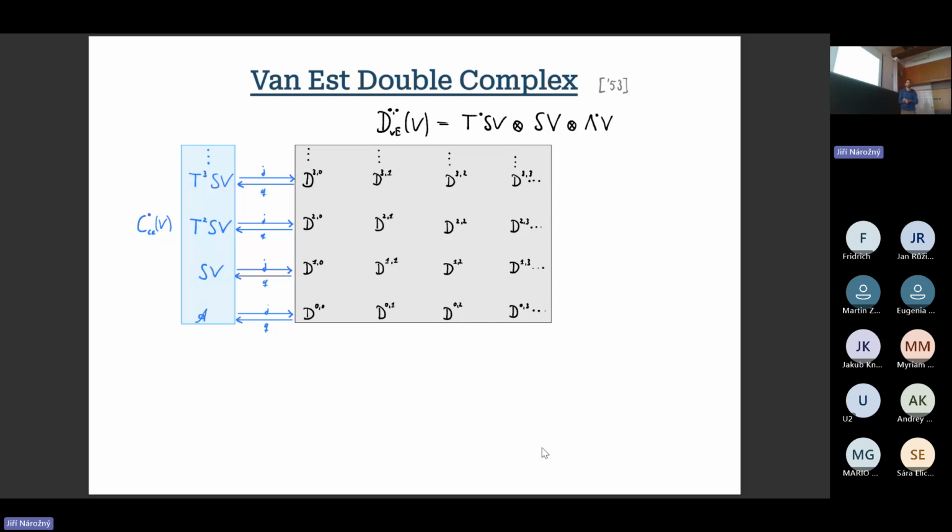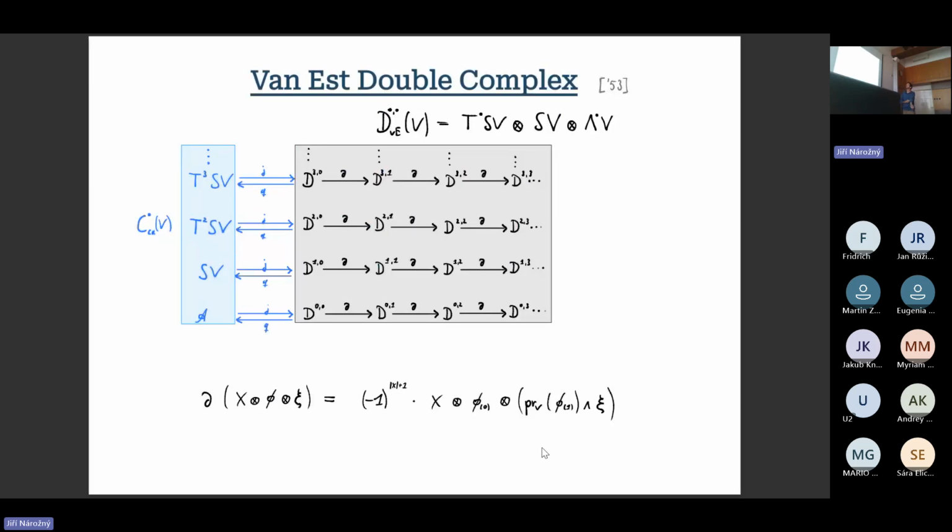Okay, I said this is a complex, but so far I didn't give you any differentials. So let's start with the horizontal differential. We can construct a horizontal differential which raises the second degree, so the wedge degree, by 1. How do we do that? We apply it to some x from the tensor algebra, phi from the symmetric, psi from the Grassmann algebra.